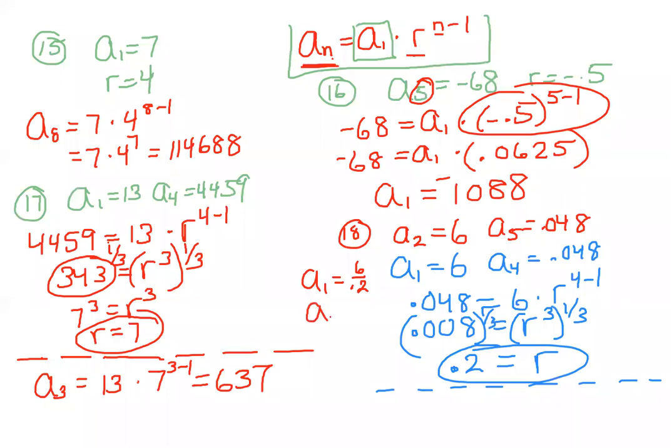So A1 is 30. So to find A4, I'm going to say 30 times 0.2 to the 4 minus 1. Do that on my calculator, and I should get 0.24.